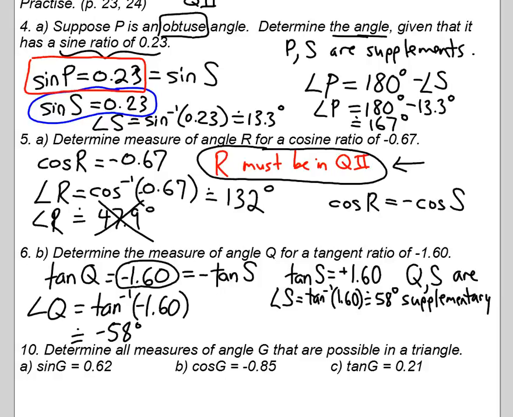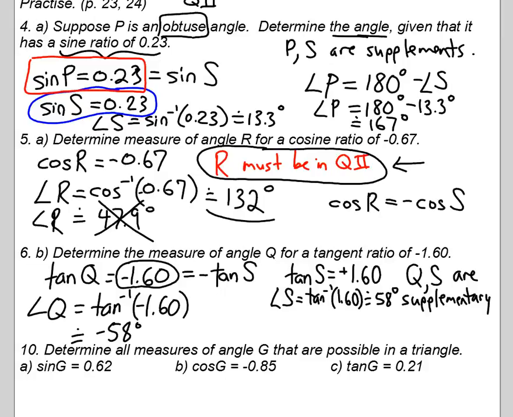It seemed to work for us okay here because for cosine, the inverse cosine of a negative value in this case gives us an obtuse angle which fit the situation. Here, inverse tangent of a negative value gives us a negative angle. Okay, you'll have to just work with the way the calculator is programmed in this particular case.